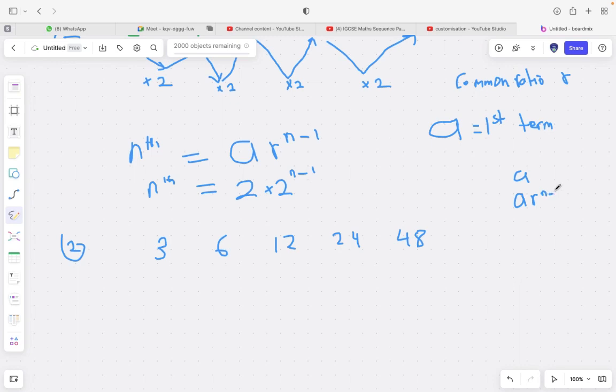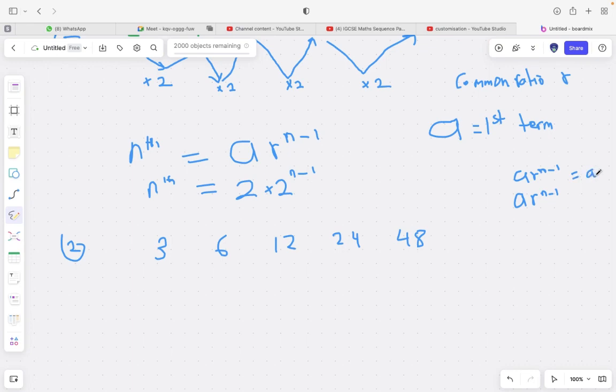You know the formula is ar^(n-1). For first term, why is it just ordinary A? n is 1. 1 minus 1 is 0. So r raised to power 0 is 1. 1 times A is A. That's why first term is simply A.